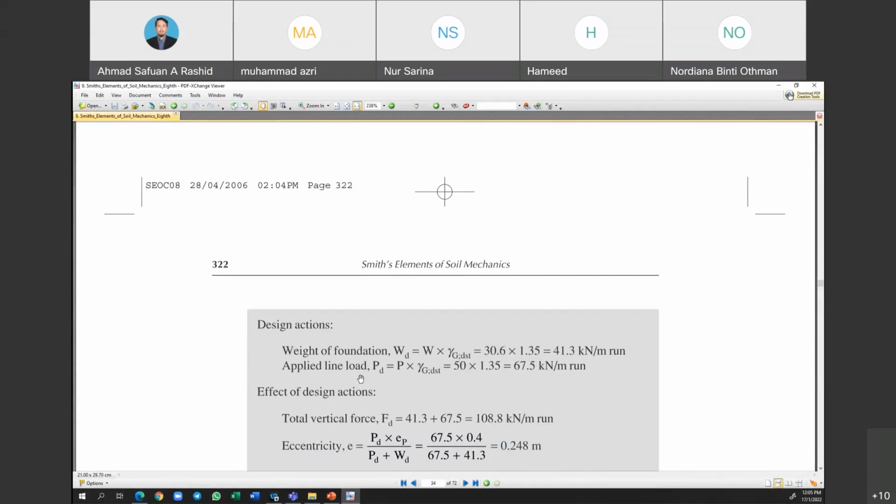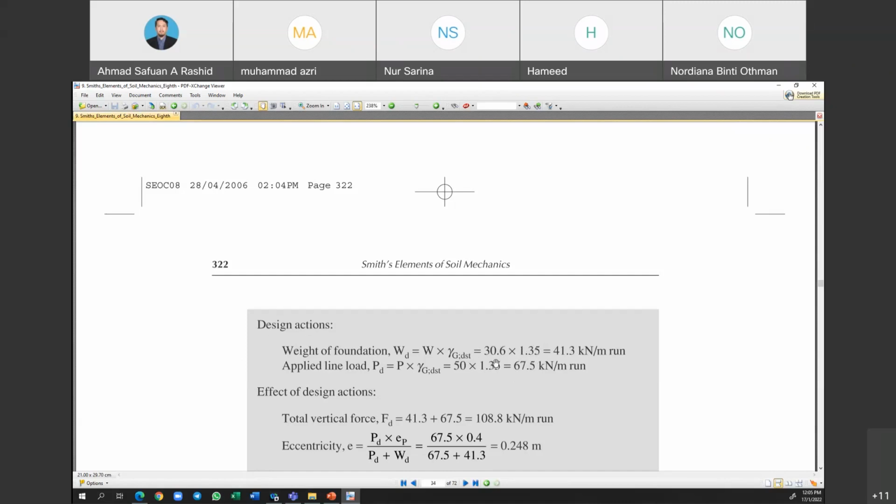Apply line load. Okay, the load that is applied on the foundation is 50. So 50 times 1.35, so we obtain 67.5. Okay, so this is the partial factor that we have applied.